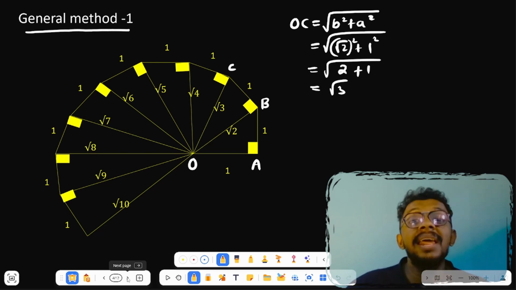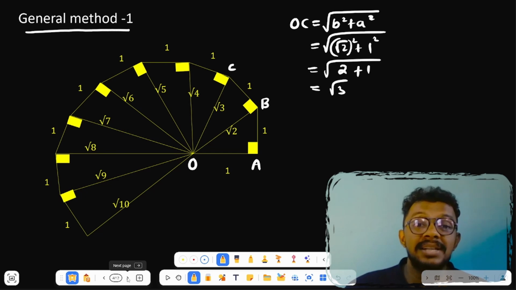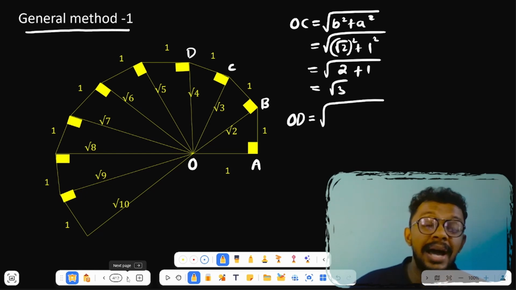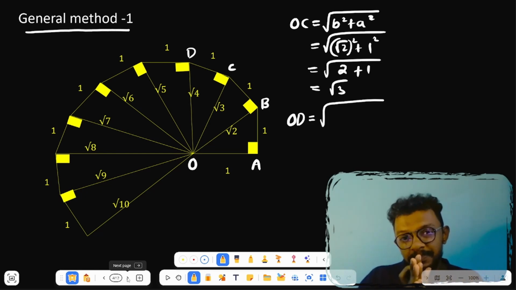For that root 3 unit, if I am drawing 90 degrees and height 1 unit, I will get another right angle triangle. I am calling it OCD. What is the specialty of OCD? In the triangle OCD, what will be OD? Hypotenuse. I know hypotenuse is always root of base square plus altitude square.